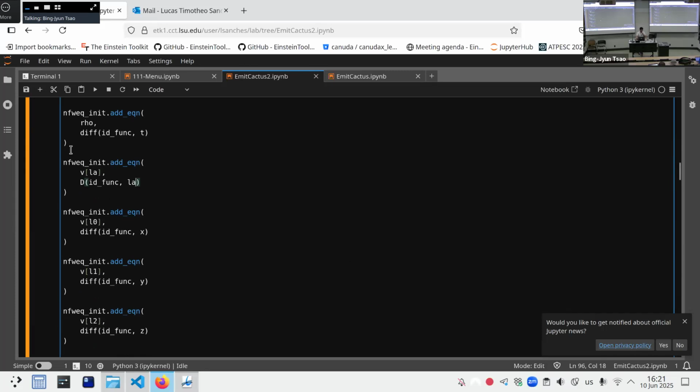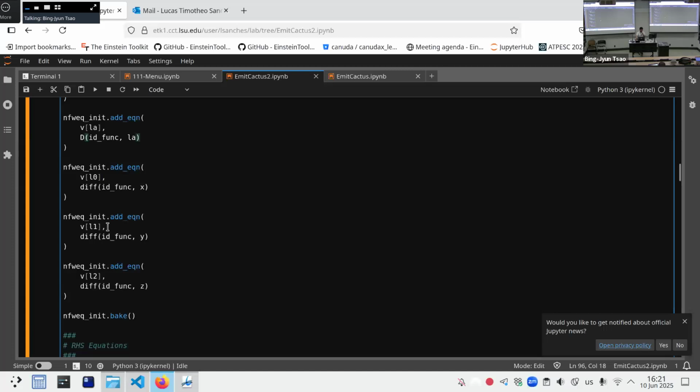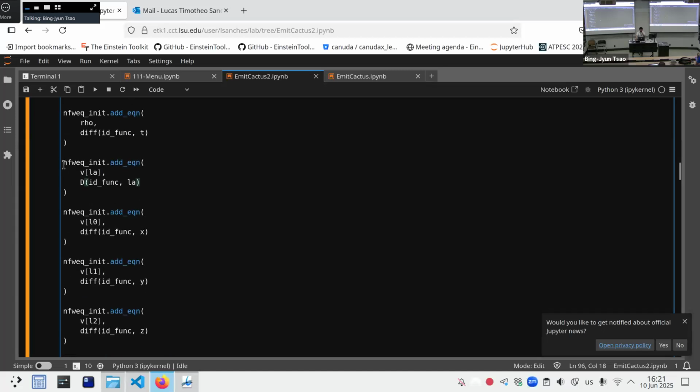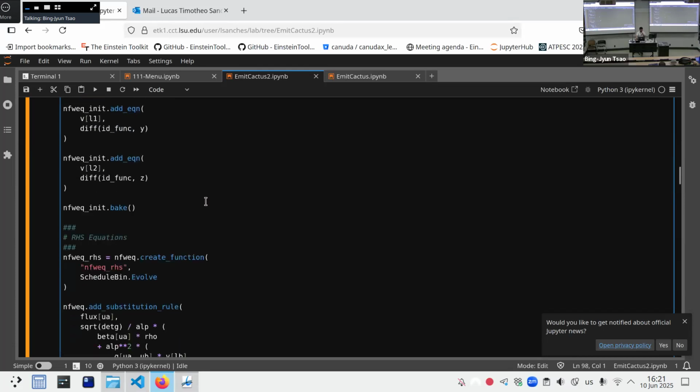So what Steve comments is that we could have replaced these three function calls by this construct. But let's move on.